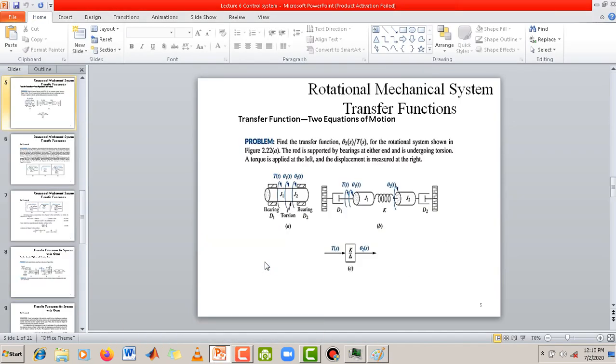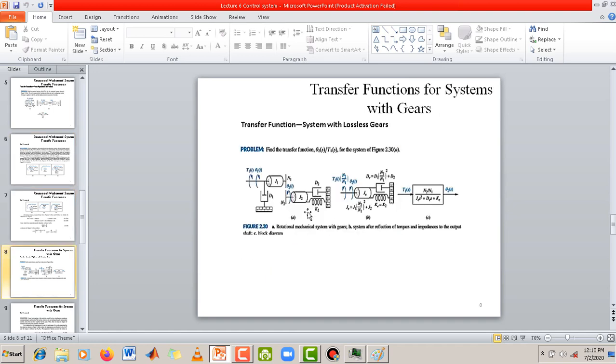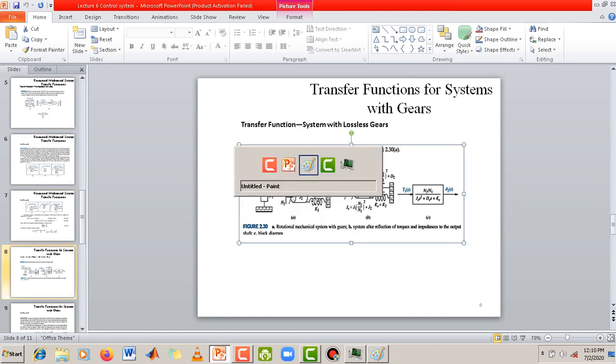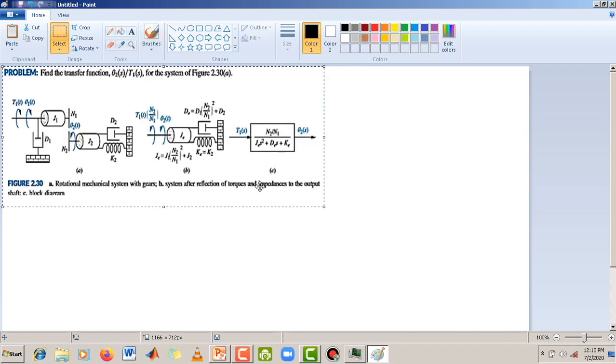So let's take the diagram from here, and I will tell you how to solve this problem. Over here you can see that I have to remove all of these unnecessary things.